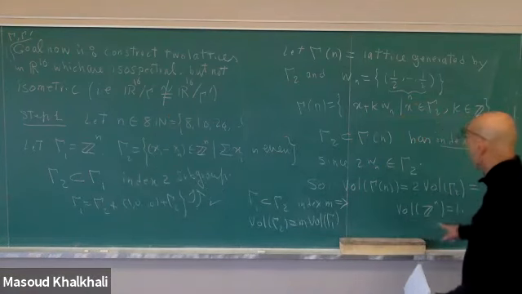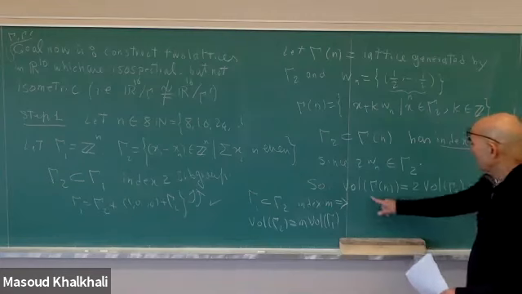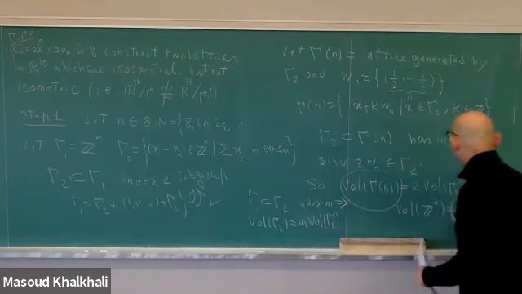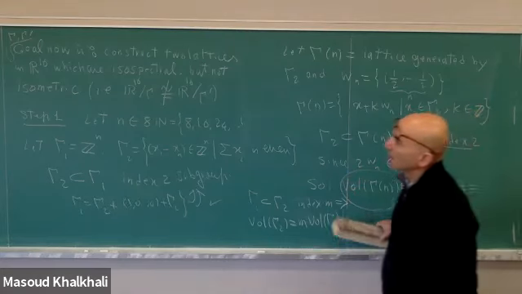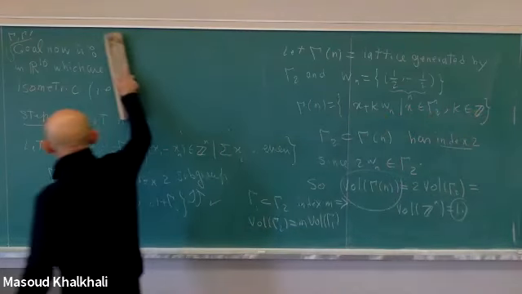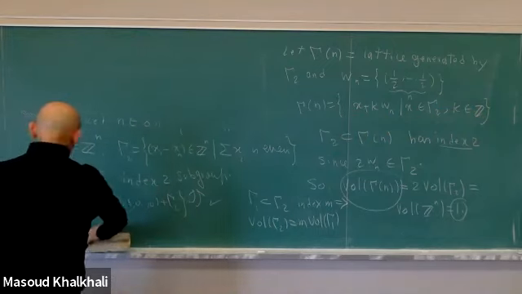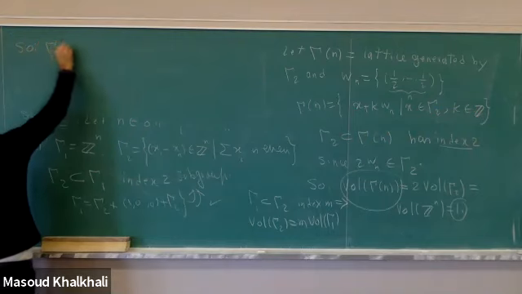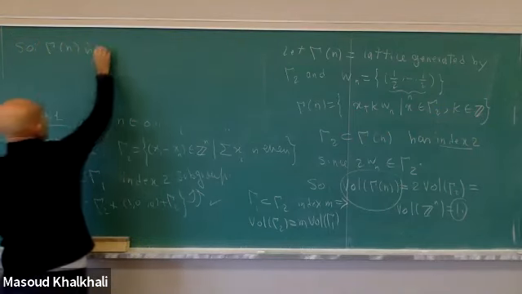And of course the volume of Zn is 1. So this volume of gamma n being 1 is absolutely fundamental for us. It means that gamma n is a unimodular lattice.